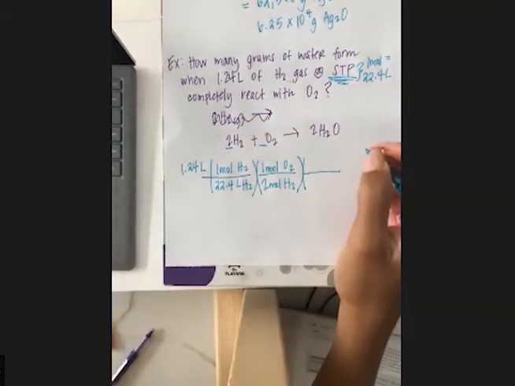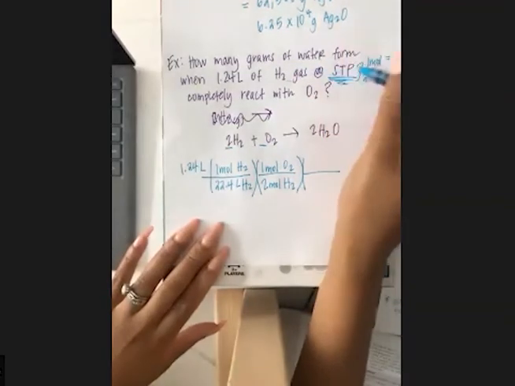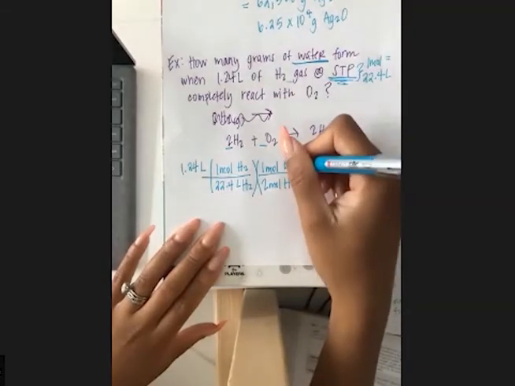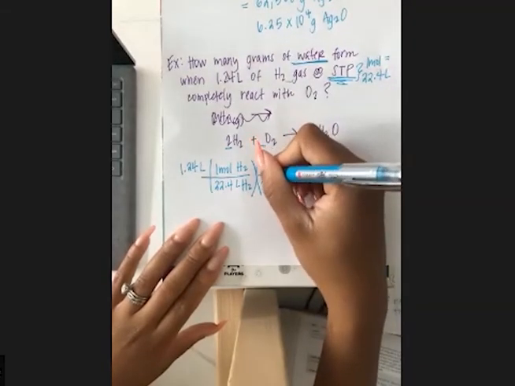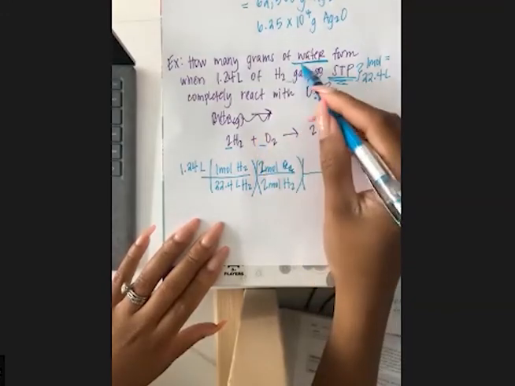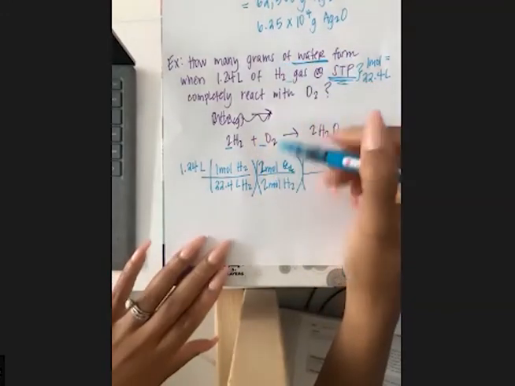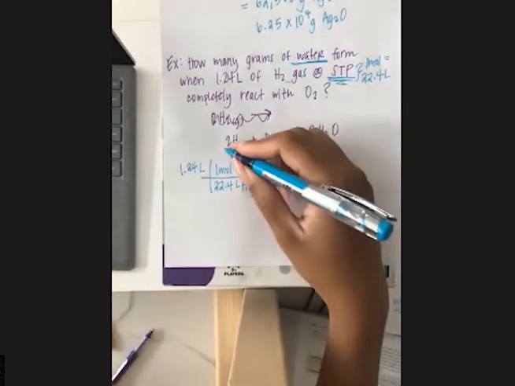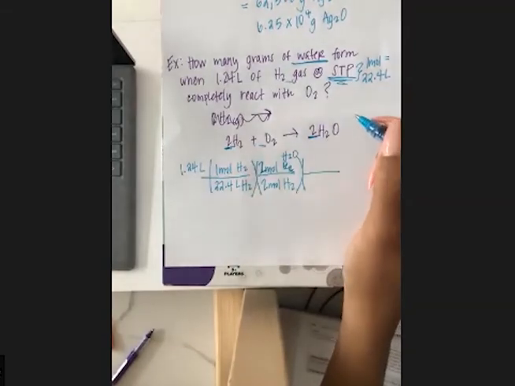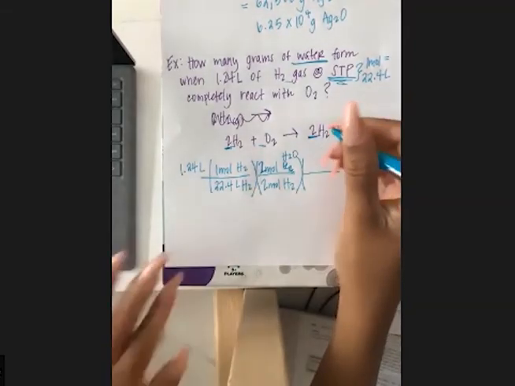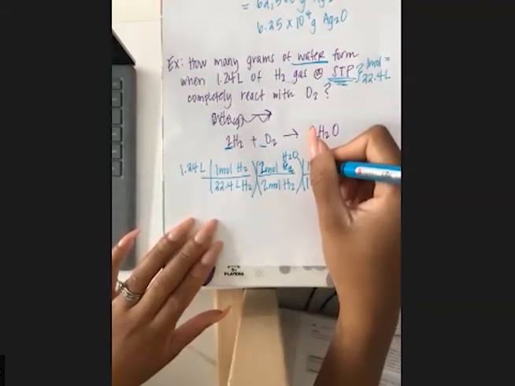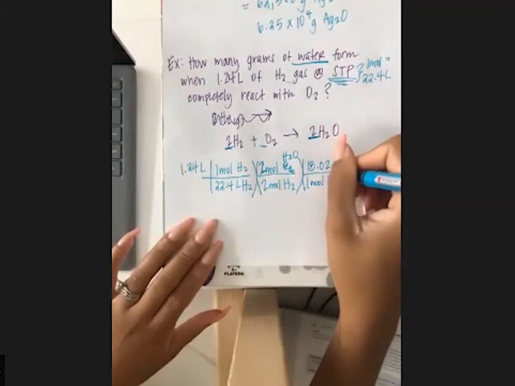Sorry guys, it's asking me about water, and I was going to the wrong one. It says how many grams of water. So it's 2 to 2, or you can say 1 to 1. And then my last step just says 1 mole of water, and I know the molar mass of water is 18.02 grams.